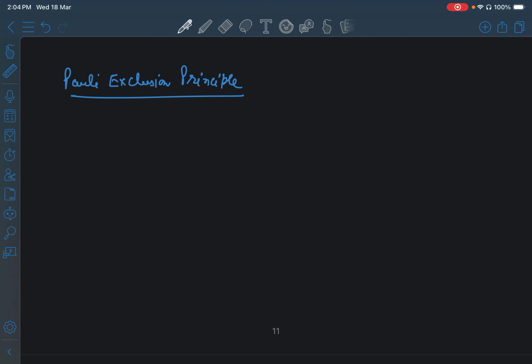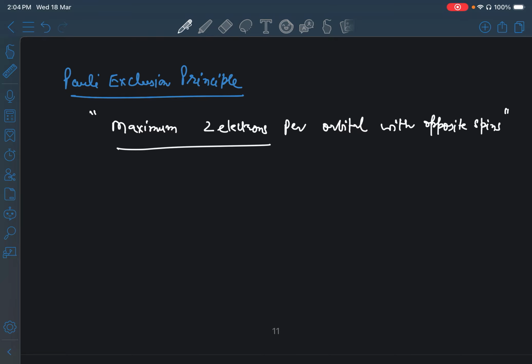It simply states: maximum two electrons per orbital with opposite spins. Very, very important rule. Maximum two electrons per orbital with opposite spin. This is how the Pauli exclusion principle governs us.